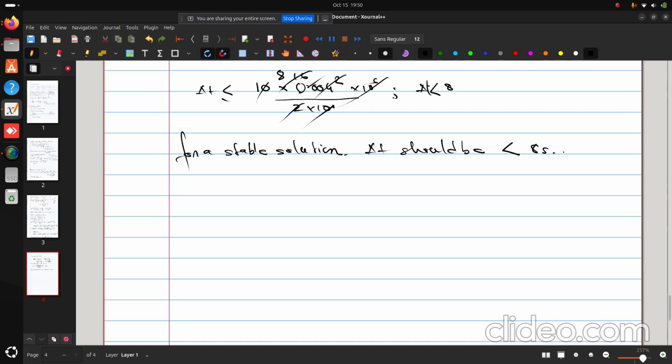So to achieve a stable solution, we need to have a delta T value of less than 8 seconds. Let us take the delta T value to be 2 seconds.